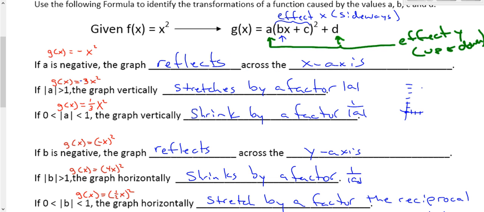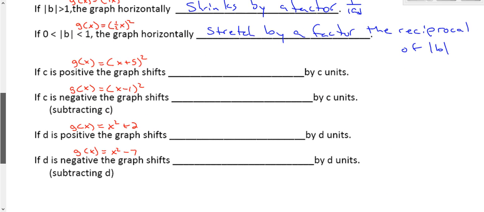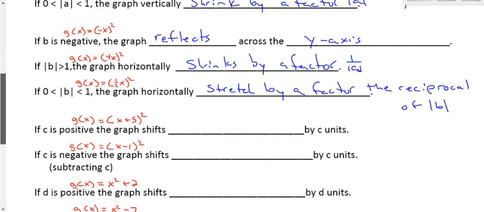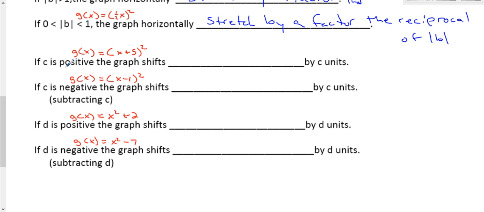Okay? Now, let me get my blue marker back, and we'll finish this page here. If C, so the C is added or subtracted from the variable. If the C value is positive, like x plus 5 in parentheses and then squared, we are affecting this sideways.